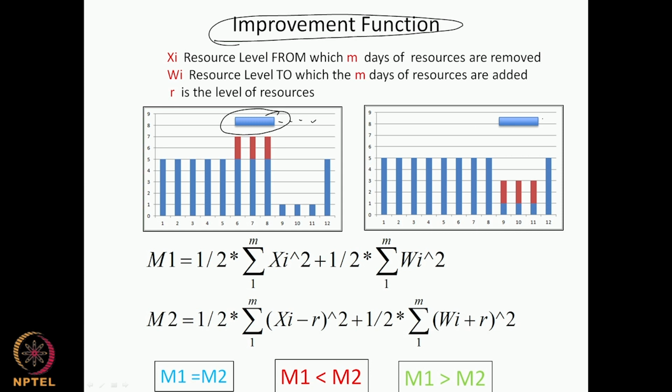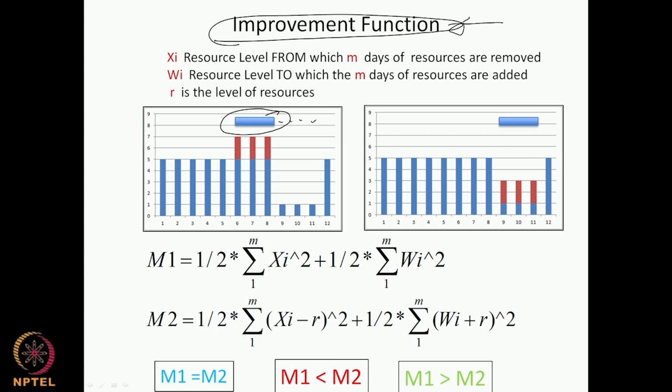By improvement we mean reducing the moment of the histogram, or is it causing an increase in the moment of the histogram. Okay, so we will get a little bit into how the improvement function is formulated.